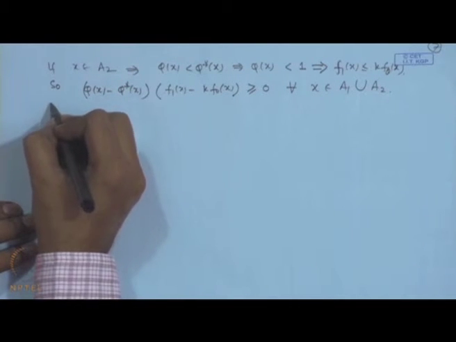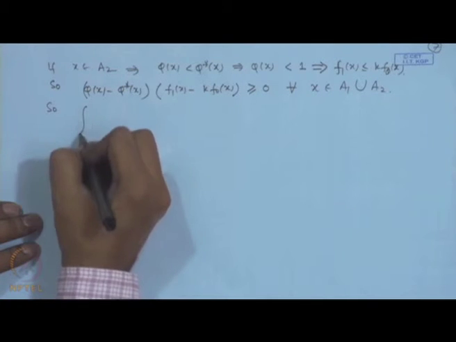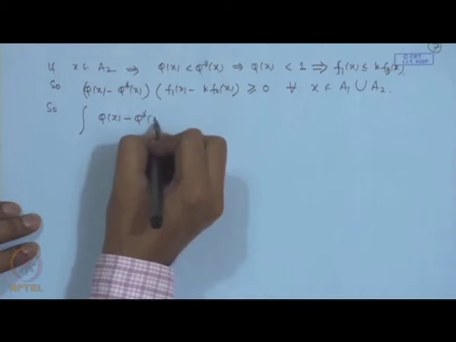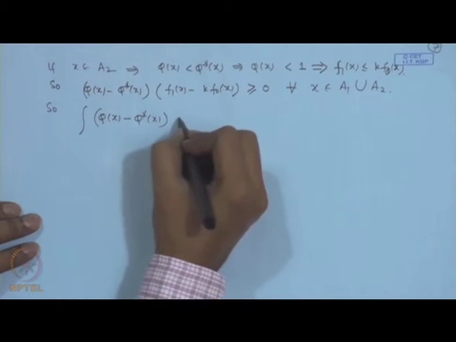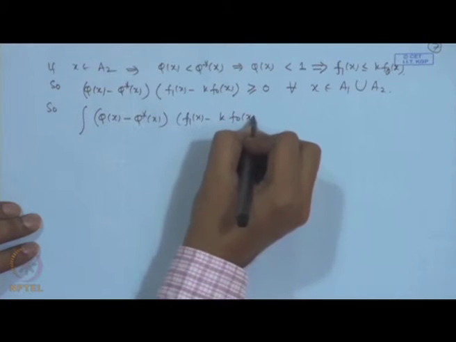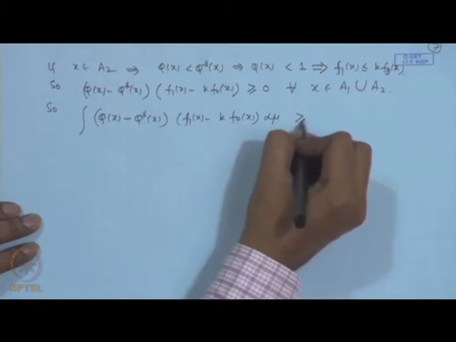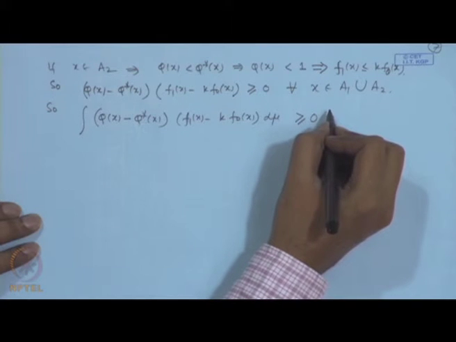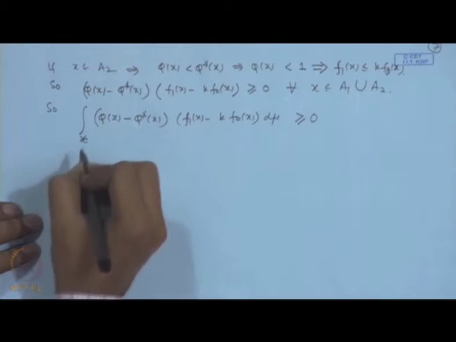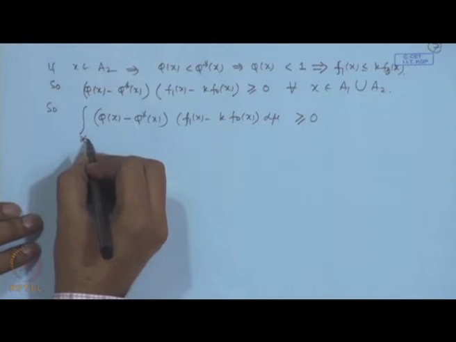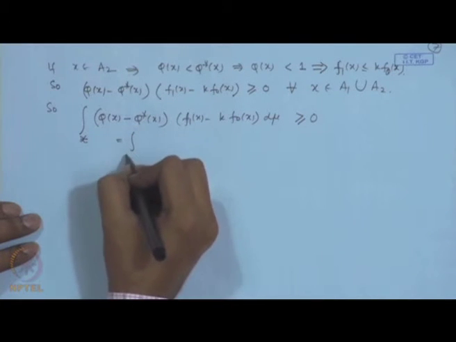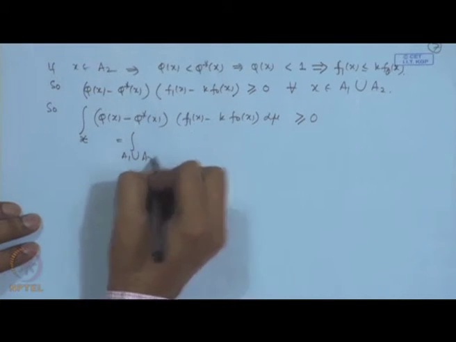Now, this implies that if I take the expectation or the integral of f1 x minus k times f naught x d mu, this will be greater than or equal to 0 over the whole space, but over the whole space it is the same as over A1 union A2 of the same thing.